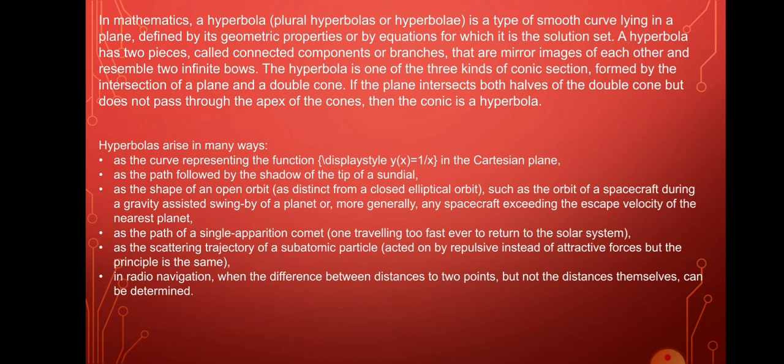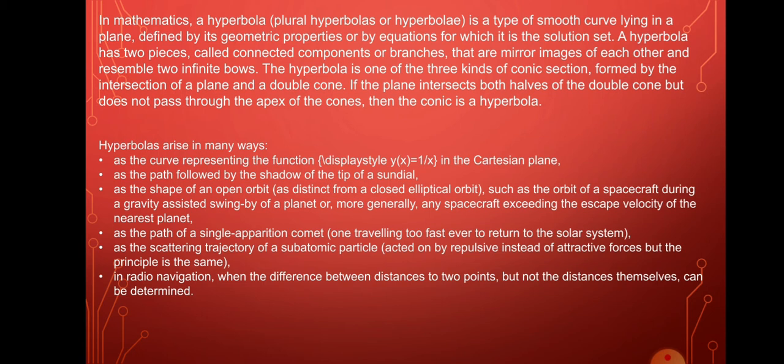Each branch of the hyperbola has two arms which become straighter, lower curvature, further out from the center of the hyperbola. Diagonally opposite arms, one from each branch, tend in the limit to a common line, called the asymptote of those two arms.